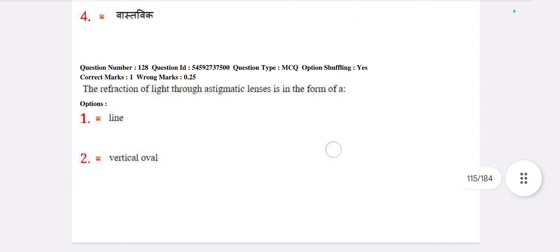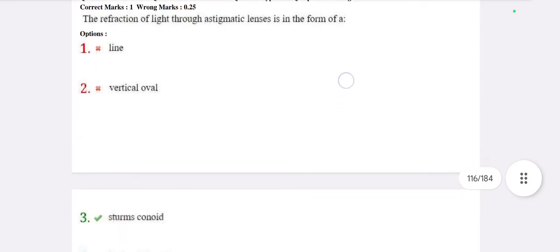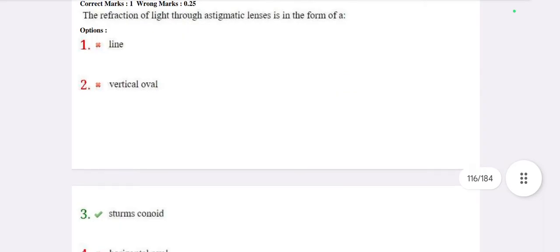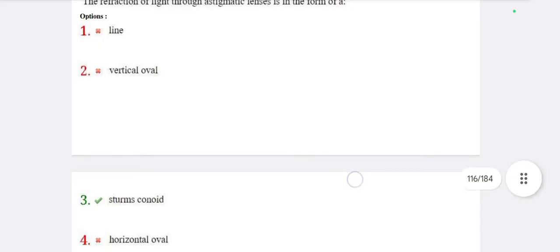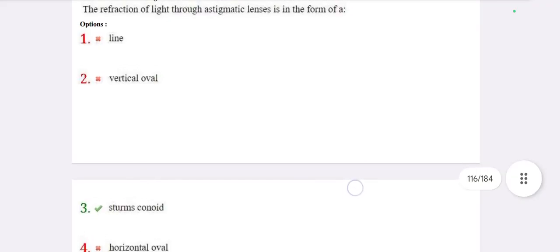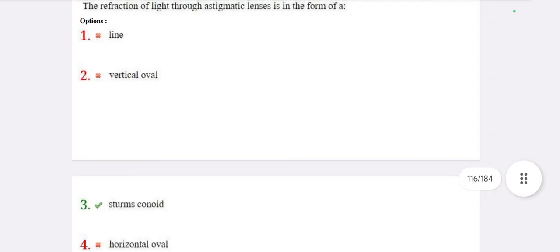Next question is, the refraction of light through an astigmatic lens is in the form of a line, vertical oval, Sturm's conoid, or horizontal oval. Correct answer is Sturm's conoid.